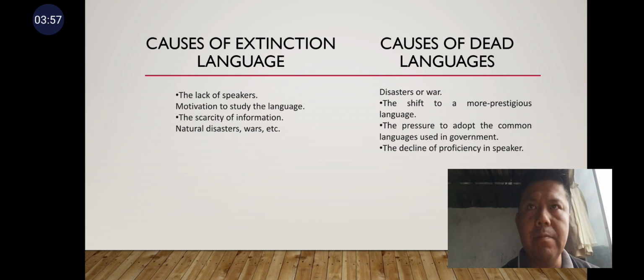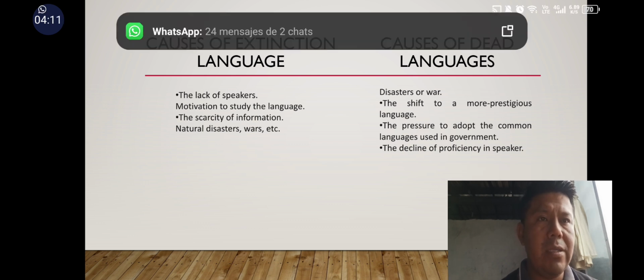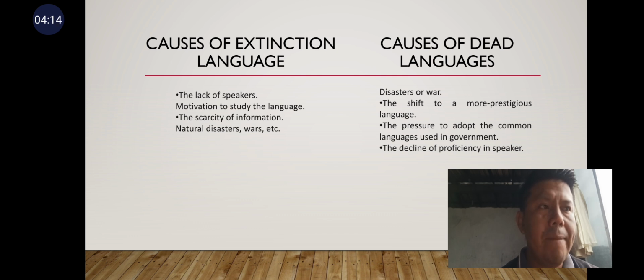We know that in these days the world is globalized, so students are more interested in learning a language that is resourceful for them, forgetting the original language. Also the decline of proficiency in the speakers.